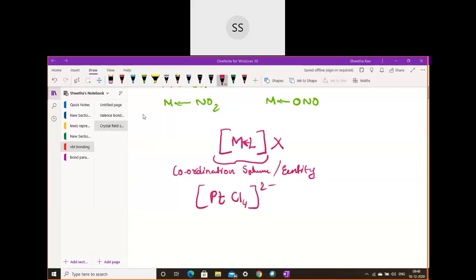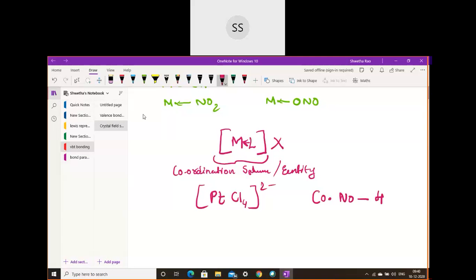Counter ions are just present over there, balancing the charge of the metal. And how many ligands are attached to the metal is called the coordination number. It is the number of ligand donor atoms attached directly to the metal inside this sphere. Always check inside the sphere.